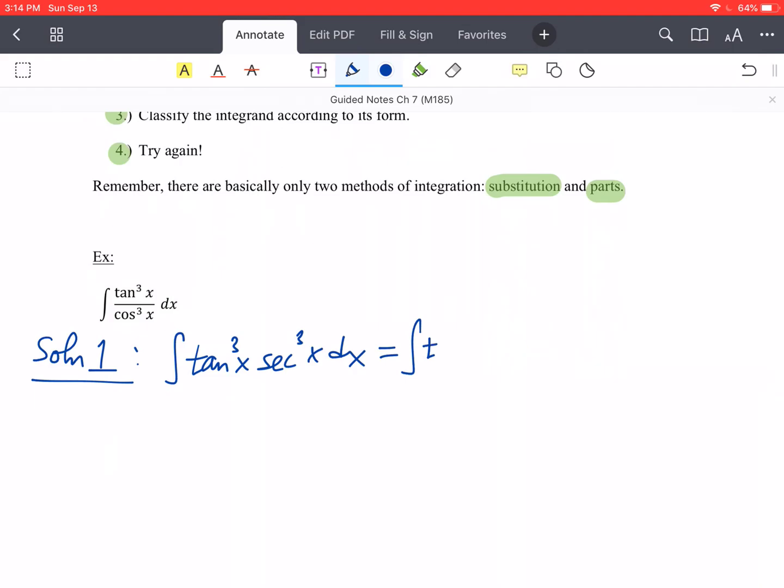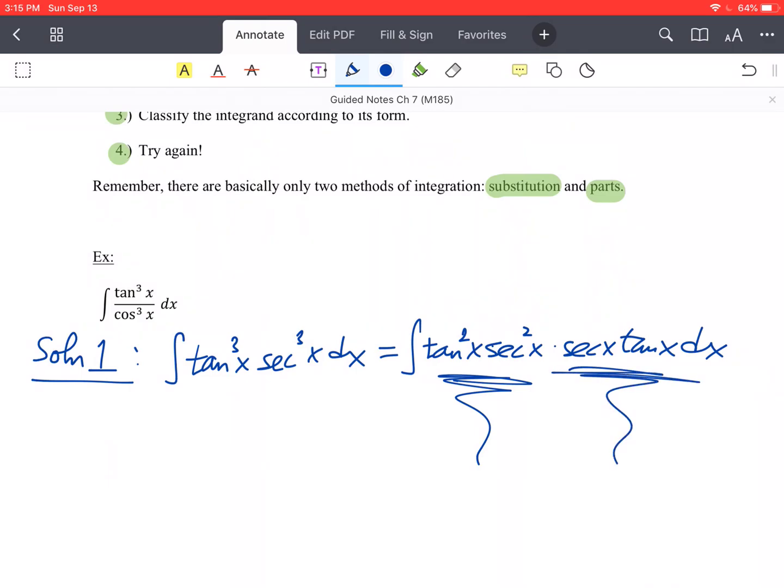That leaves me with tangent squared x times secant squared x times secant x tangent x dx. Now I can turn that tangent squared into secant squared minus 1 using a trig identity, and secant is going to be my primary function, and that is its derivative. So that's going to allow me to use a u substitution.